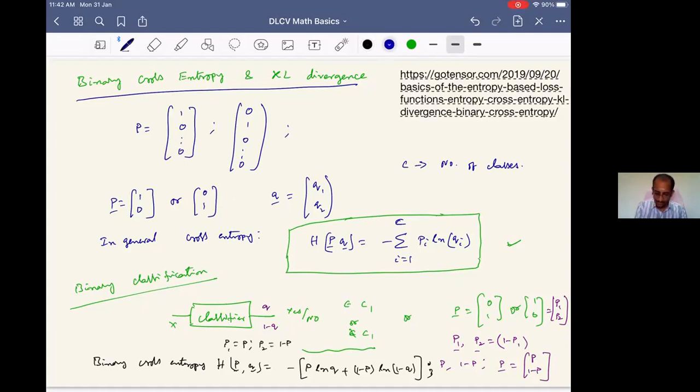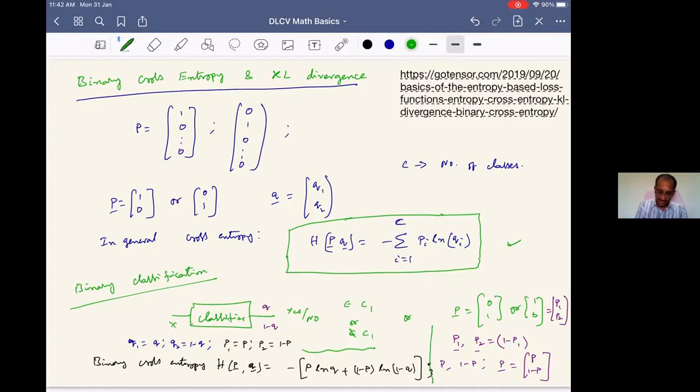Similarly, Q1 is nothing but q and Q2 is nothing but 1 minus q. Given these things, we have just written this. Is it clear to all or not? Yes. So this is the cross entropy.